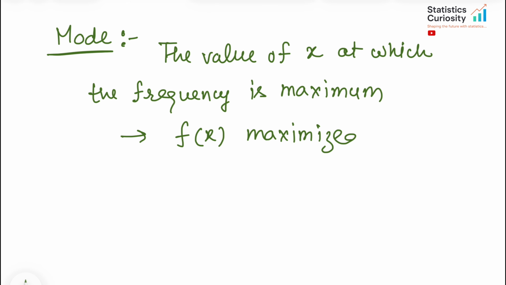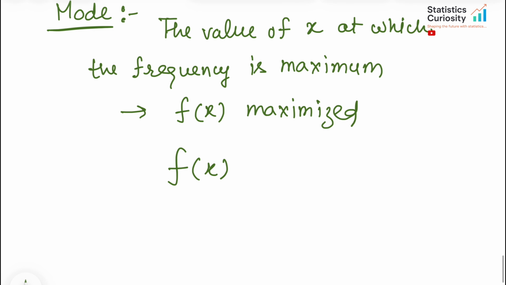So we will maximize the PDF of the normal distribution to find the value of x. You have studied this in mathematics. To maximize it, we have to differentiate it, take f dash x and equate it to 0, and then we find the value of x. And as per the definition, f double dash x should be less than 0.